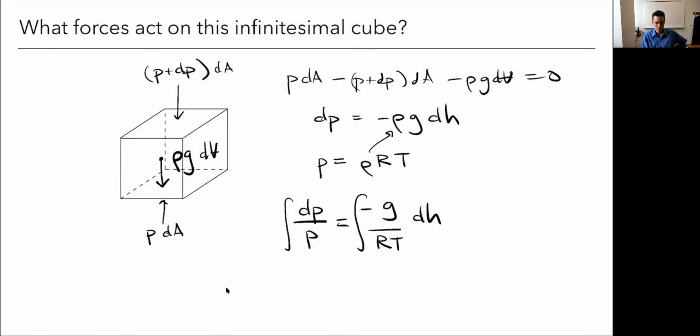In general, of course, G does depend on H. But if we leave it in the integral, it's a bit of a pain. And so a common convention is to take G to be the sea level value of G, the acceleration of gravity. What that means, though, is that our H is no longer really the geometric altitude.